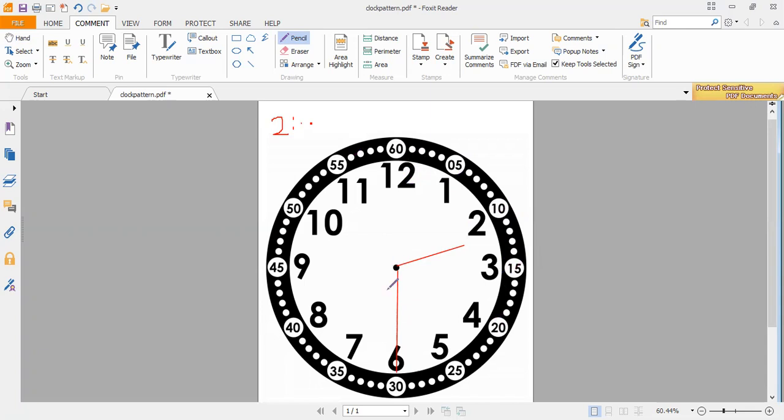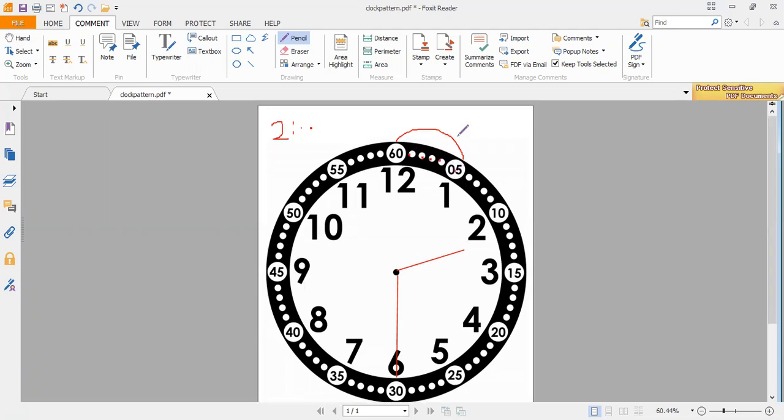So if you want to read the minute hand, you have to keep counting by 5 until you reach the minute hand. How? We're gonna start from here. Here we have the first 5. Between 12 and 1 we have 5 minutes. 1, 2, 3, 4, 5. We have 5 minutes.